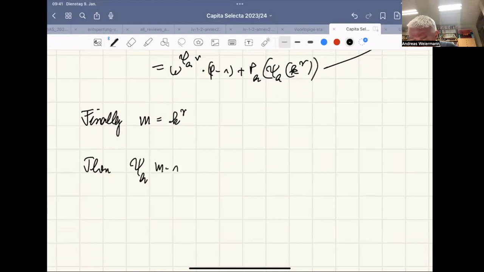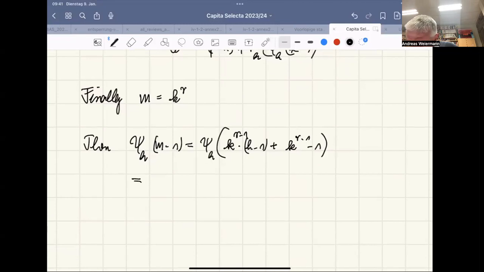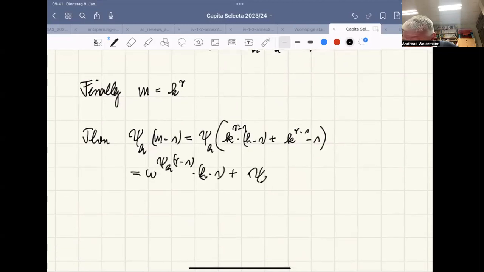Ck of m minus 1 is ck of k to the r times k minus 1 plus, oh yeah, yes, minus 1, plus k to the r minus 1 minus 1. So this gives omega to the ck of r minus 1 times k minus 1 plus ck of k to the r minus 1 minus 1.